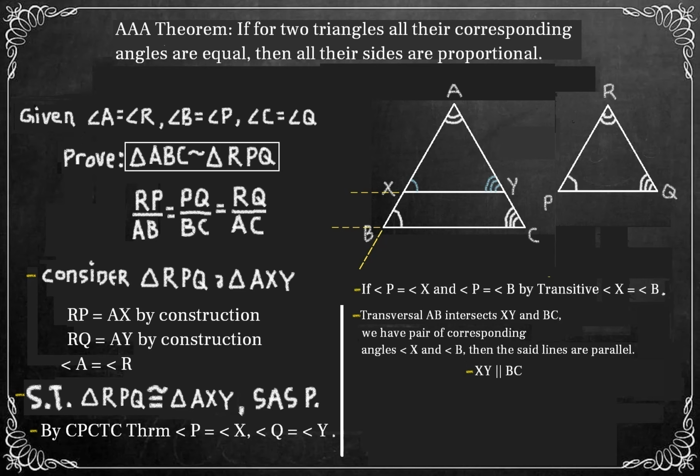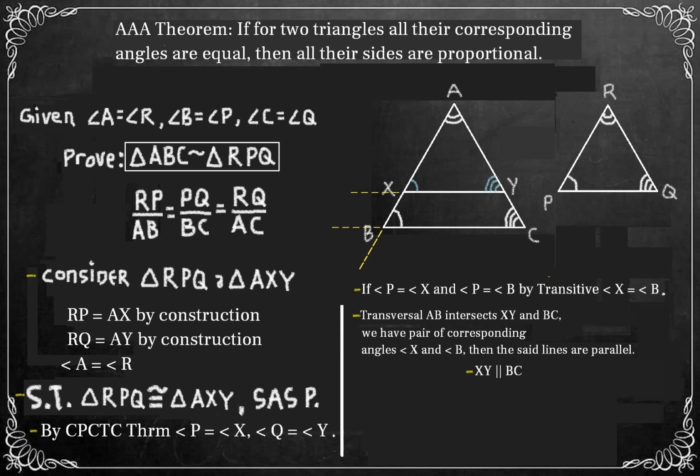The transversal naturally creates various angle relationships when it intersects the other lines, such as corresponding angles, alternate interior angles, and alternate exterior angles. The one we're concerned with, corresponding angles, which are angles that occupy the same relative position at each intersection, in this case, the upper right.